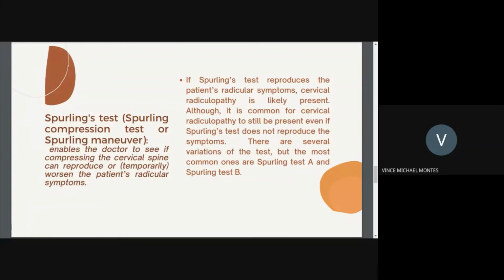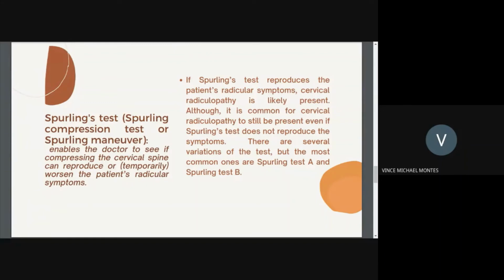The Sperling test is done while you are sitting down, either in a chair or on an exam table. This test is typically done by having the patient bend the head to the side where the symptoms have occurred, and then the doctor gently applies pressure to the top of the head. This will cause the cervical foramen, the bony openings in the spine where nerve roots exit, to compress and narrow, which might have the effect of compressing a nerve root and reproducing the radicular symptoms that the patient has been experiencing.